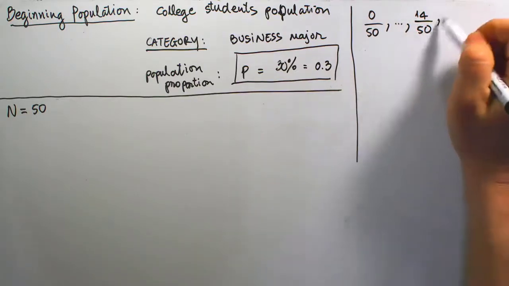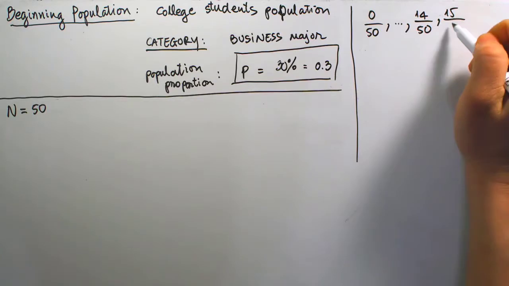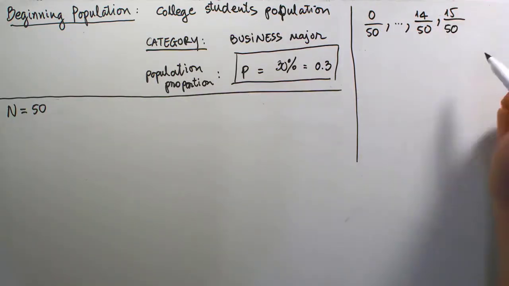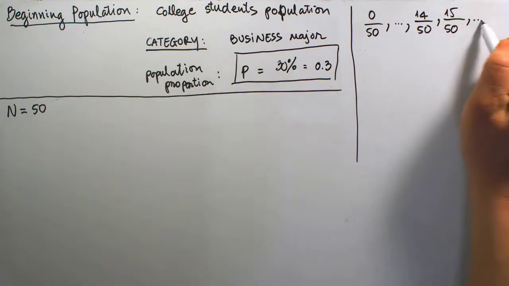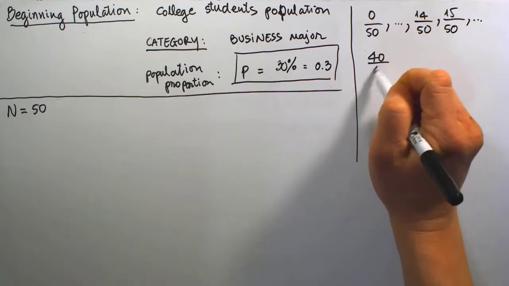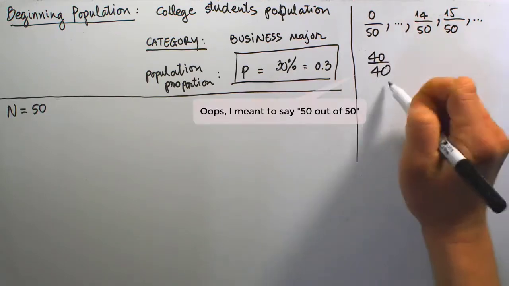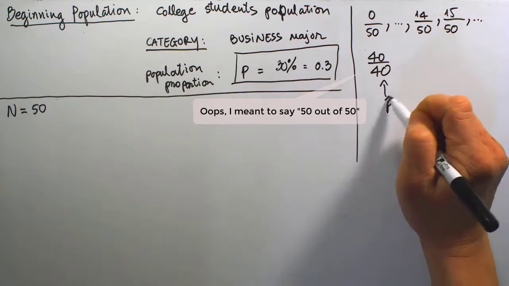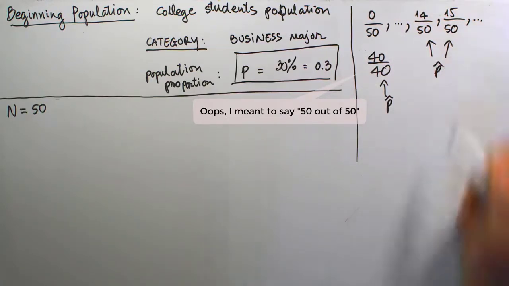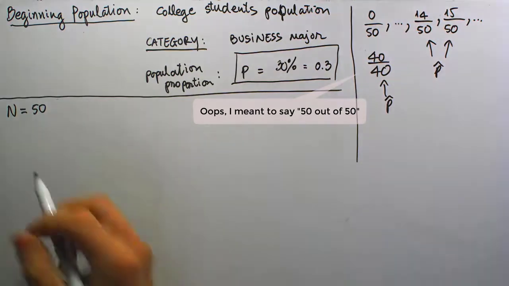Then there may be some sample that shows 15 business major students out of 50, and so on and so on. And then some sample may be as lucky as 40 out of 40. These are all p hat values.